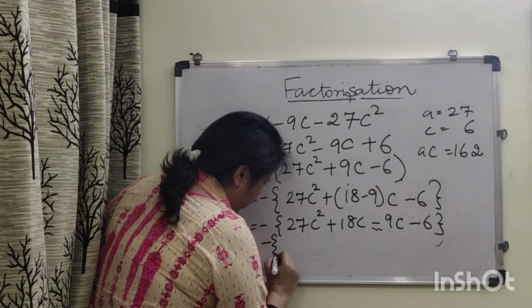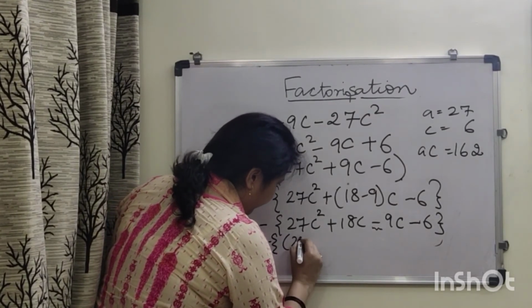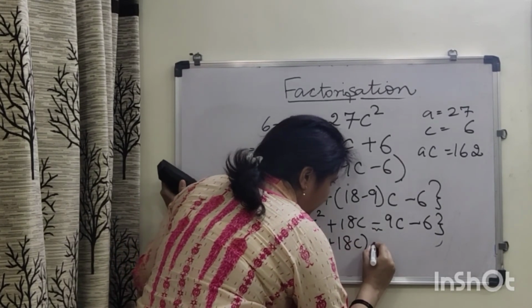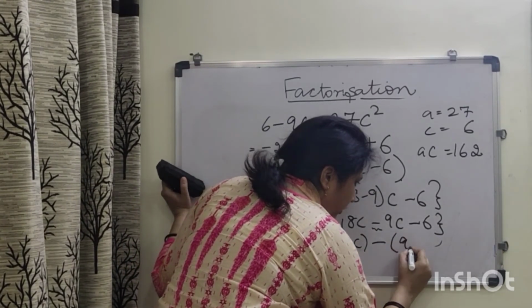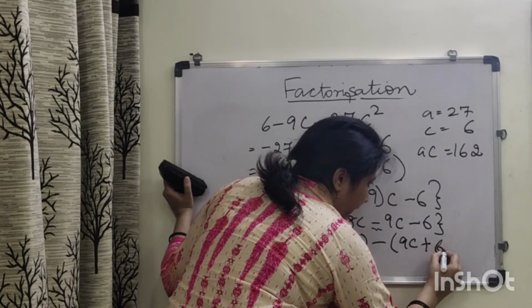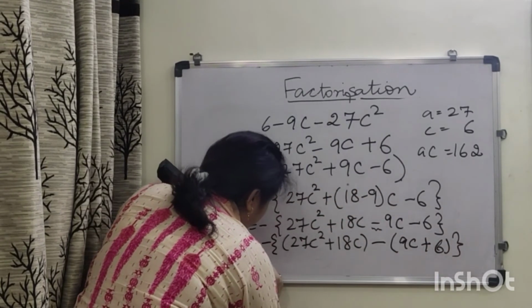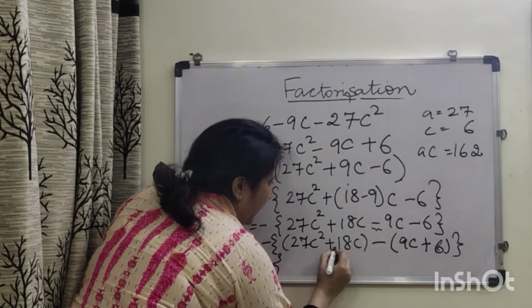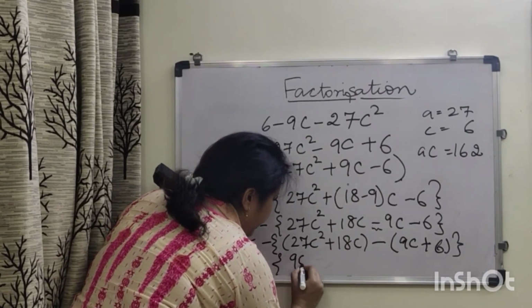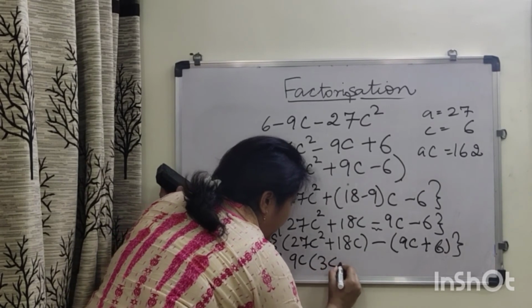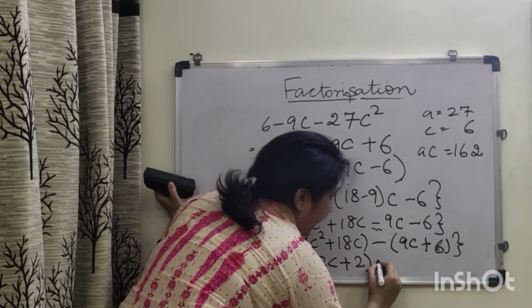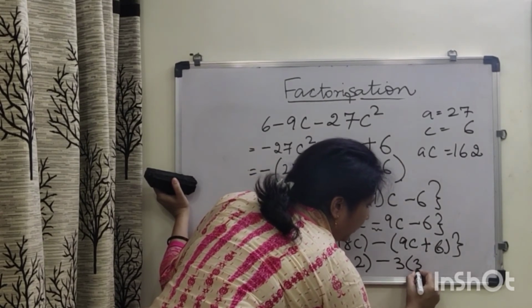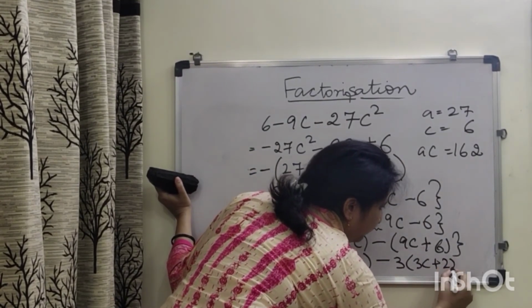Minus as it is outside this, 27c square plus 18c minus, you have taken common, so it is 9c plus 6. Now take common from these two brackets, 27c square and 18c, you will get 9c common, so it is 3c plus 2. And here you can take only 3 common, that will give you 3c plus 2.